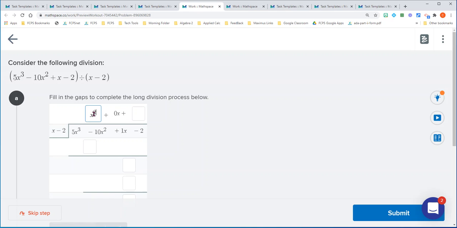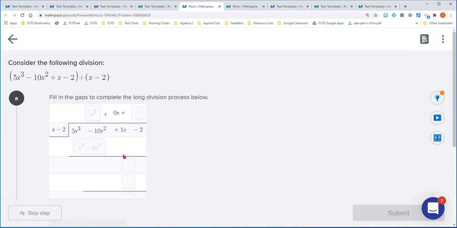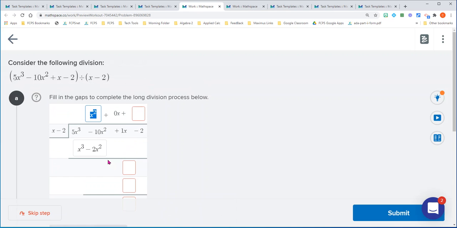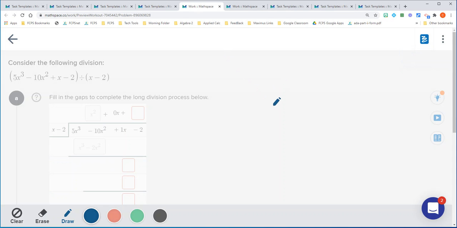X squared, and then I'm going to multiply. X cubed minus 2x squared. Enter. I'm just checking. All right, so let's see. I think what I need to do is just do the problem on my own paper and then come back and fill it in.